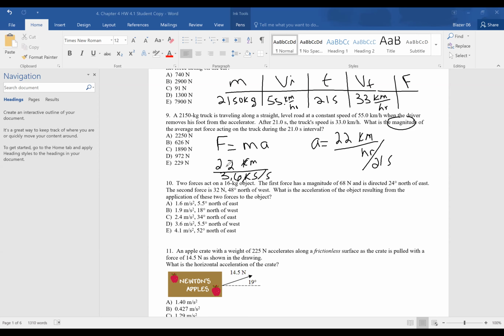So when I do this number, I've got 22 divided by 3.6 divided by 21. That's my acceleration. And then I multiply that by my mass, and that will give me my force.